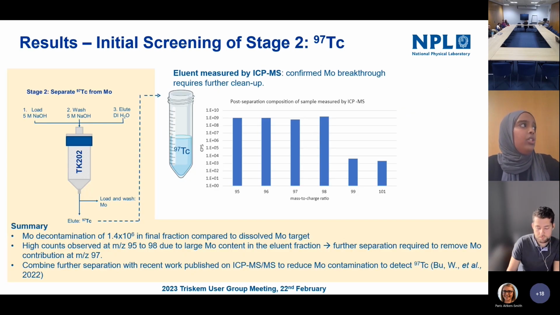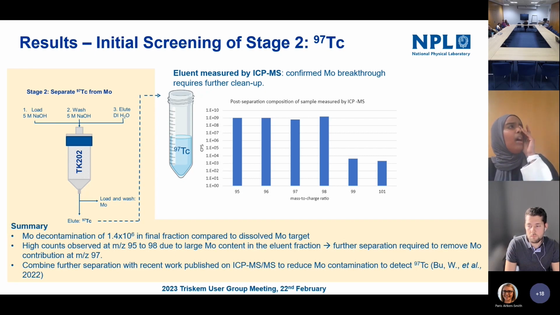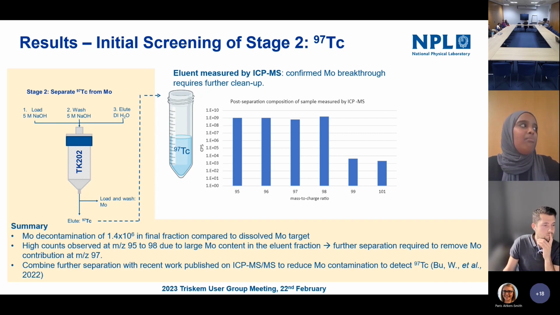So after the separation, we did a mass spec measurement of the element that was prepared at this stage. And hopefully I think this is very clear, but the issue is the fact that even with the high molybdenum decontamination that can be achieved with TK202, there's still a lot of molybdenum in the final sample.